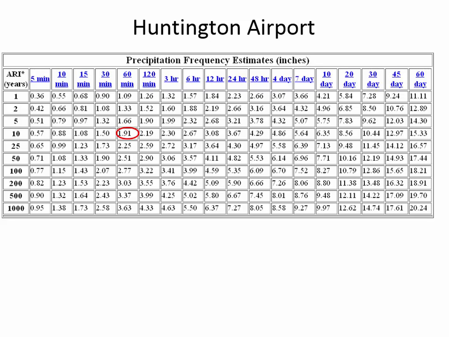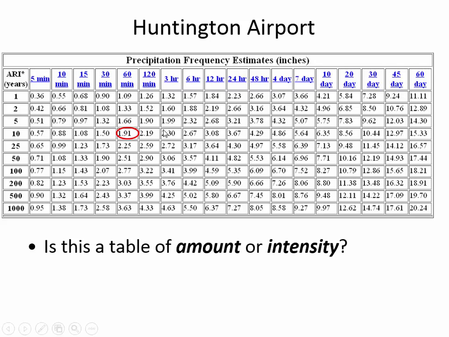All right, so this. Is this an amount or an intensity? Pop quiz. Is this an amount table or an intensity table? How do you know it's amount and not intensity? Okay, so as you go down, it goes up.